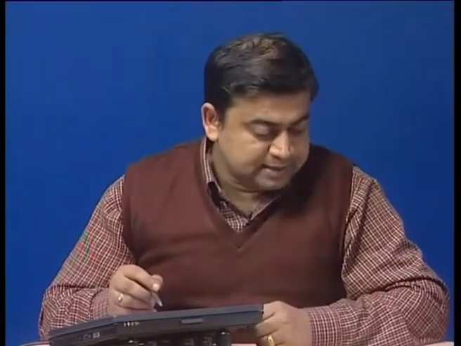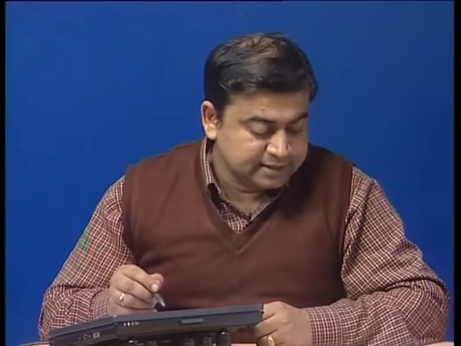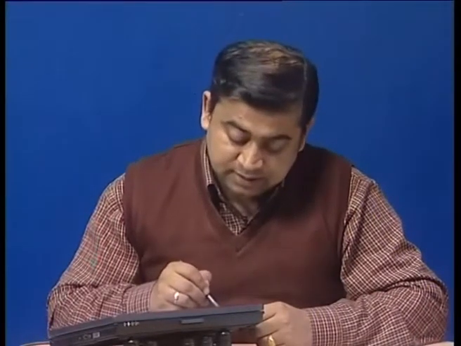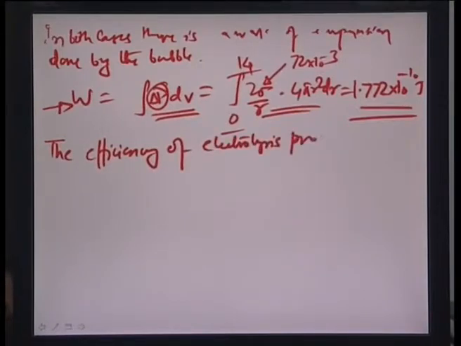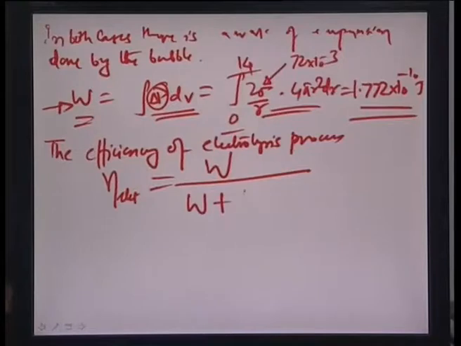And so let us assume that the efficiency of the electrochemical production of the bubble, so the electrolysis process in terms of bubble growth, let us call it N elec, is the work done W divided by W plus delta U electrochemical, which was in the range of 10 to the power minus 12 joules, as you may remember.